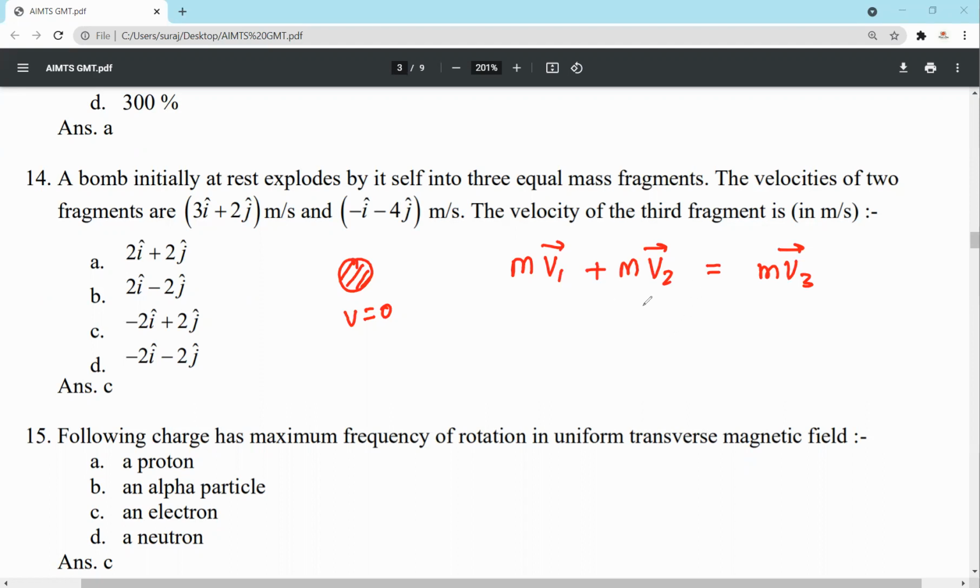That means after explosion, the sum of the momenta should cancel out the third momentum. The m will get cancelled. That means V3 vector will be V1 vector plus V2 vector: 3 minus 1, 2; 2 minus 4, minus 2.